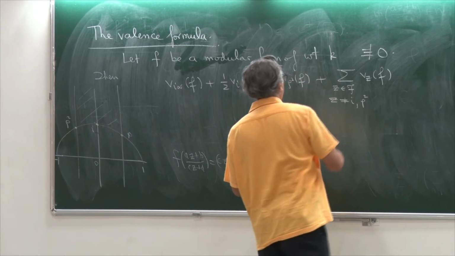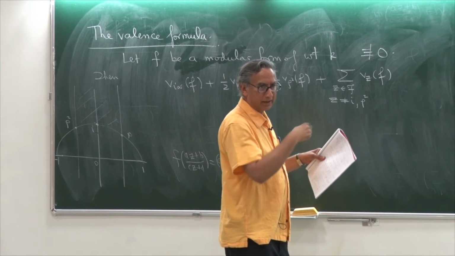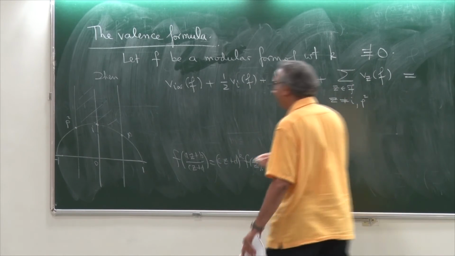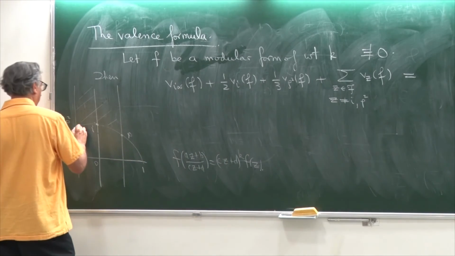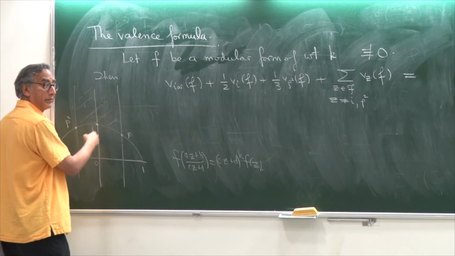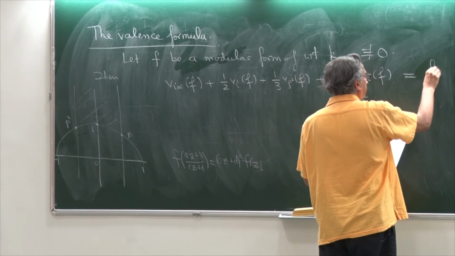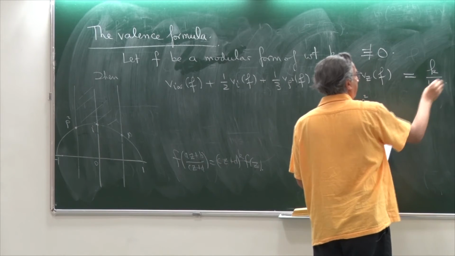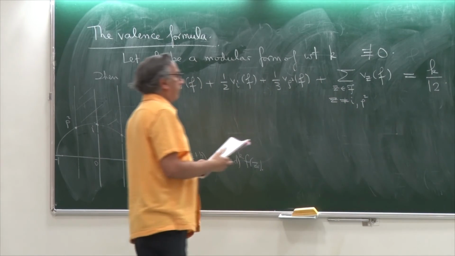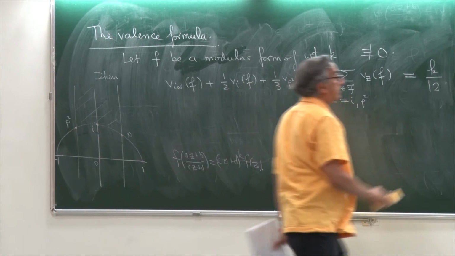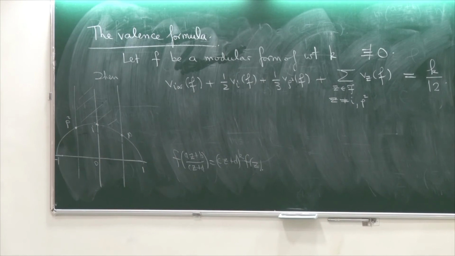Okay, so let's keep rho squared. It'll come out in the wash because of the way I'm going to do the integration. Because notice, by the way, rho squared and rho are equivalent. These two points are equivalent, so it doesn't really matter which one I use. This is equal to k over 12. So this is the Valence formula. It's actually very easy to prove, and let's just do it. It's essentially a few lines. But out of it will come the entire theory of modular forms.